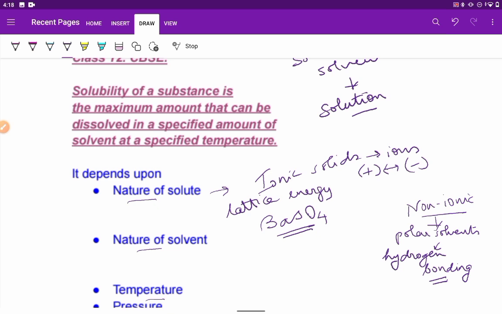Next important is nature of solvent. Ionic solids dissolve to a large extent in a solvent having a high dielectric constant. So if it is an ionic solid, then it will dissolve to a larger extent in a solvent having high dielectric constant.